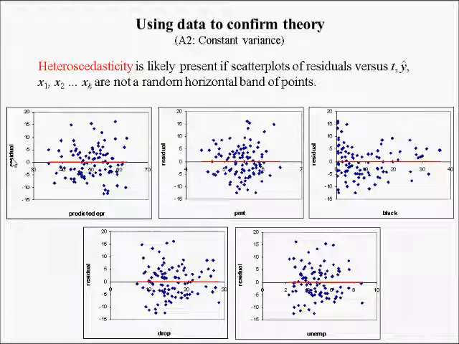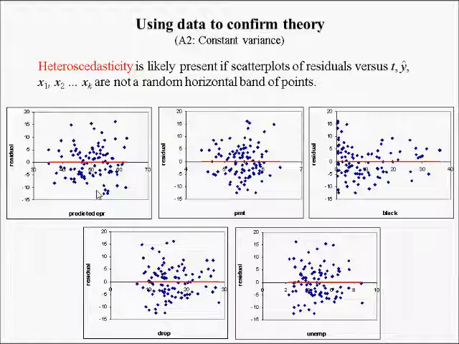We have the residual, then the predicted value of y, or predicted EPR, y hat. We have the payment variable, the share of the population that's black, the dropout rate, and the unemployment rate. Notice we don't have the dummy variables. Those scatter plots are rather uninteresting because the variable can only take on one of two values, 0 or 1.